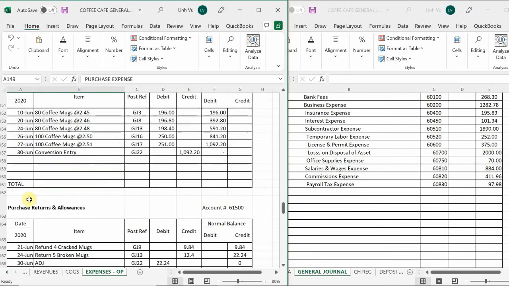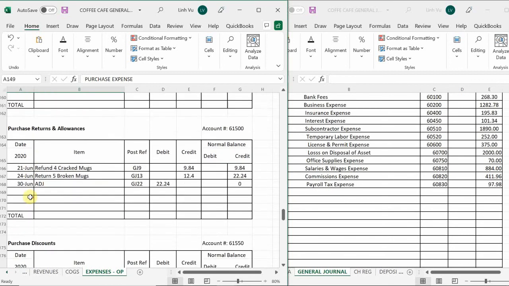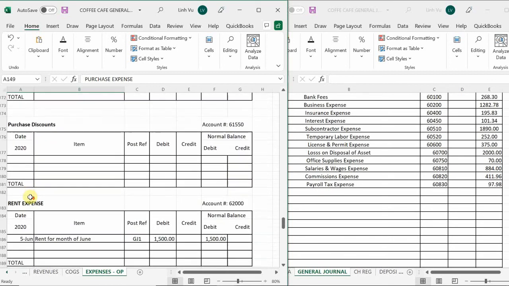Next is purchase expense, which is zeroed out. We have purchase returns and allowance, which is zeroed out. Purchase discounts, nothing there.